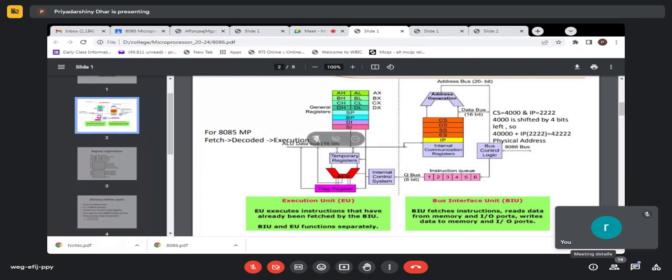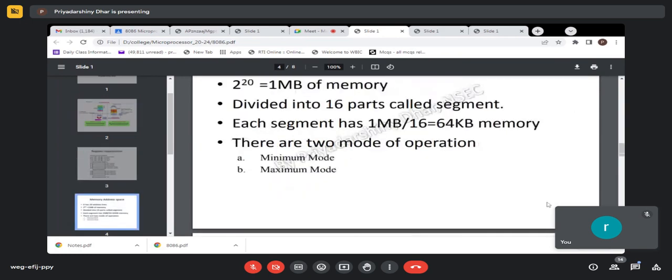No, ma'am. CS full form is code segment, which stores the code of the instruction. DS indicates the data segment. This is a register, but in memory, look at this.